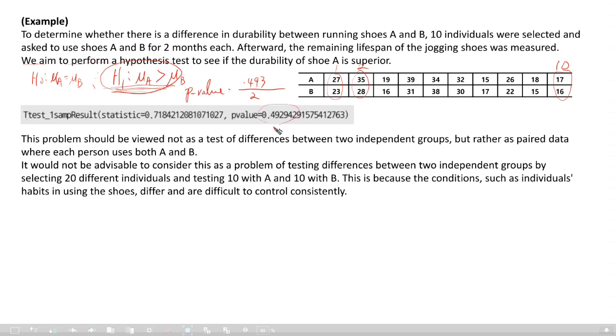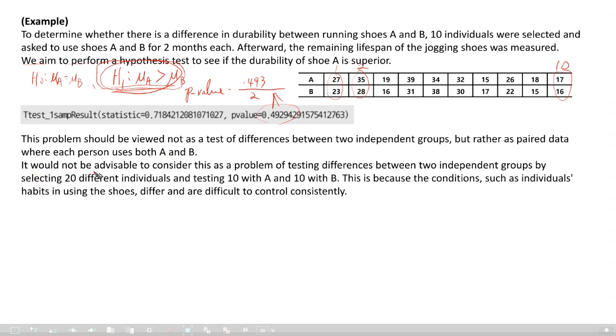This is the two-tailed p-value. So we have to divide this result by 2 for a one-tailed test. This problem should be viewed not as a test of differences between two independent groups, right? But rather as paired data where each person uses both A and B.